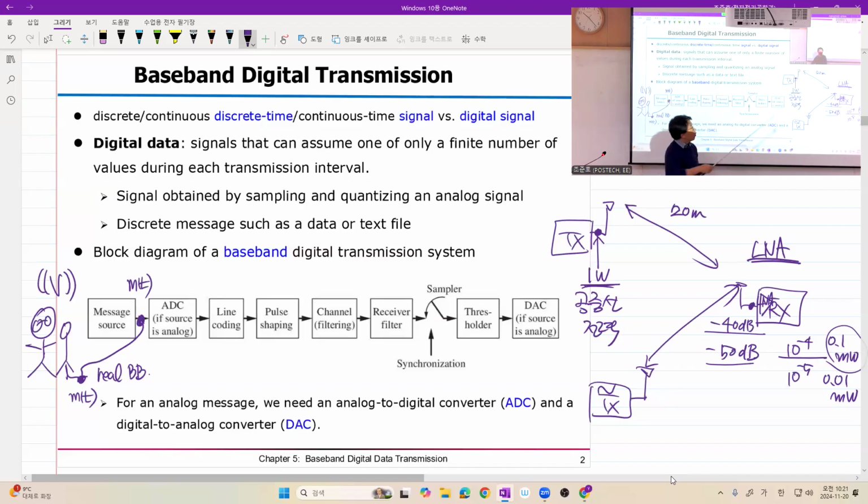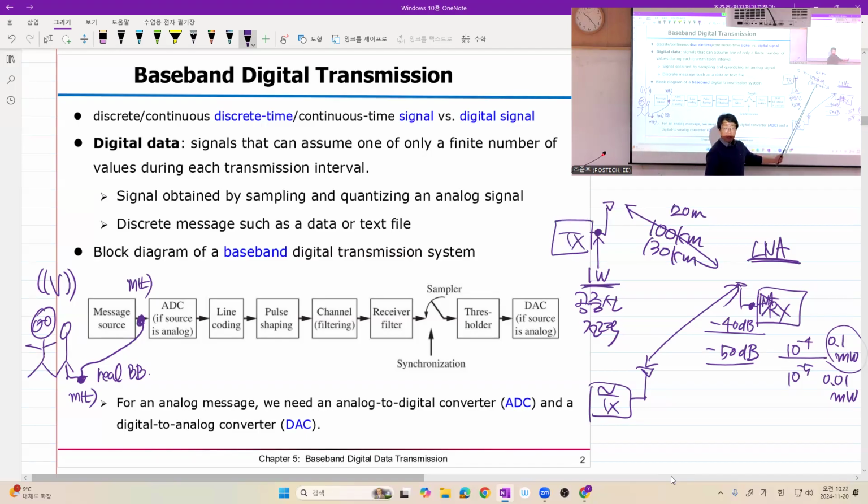Got it? Suppose this distance is 100 kilometers or 130 kilometers. That is around the distance between Pohang, the port, and Ulleung Island. Actually, my graduate student and I did an experiment, and the distance was around this.